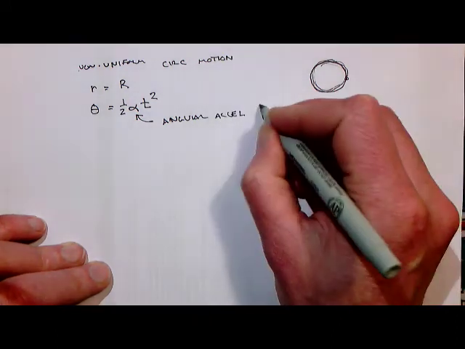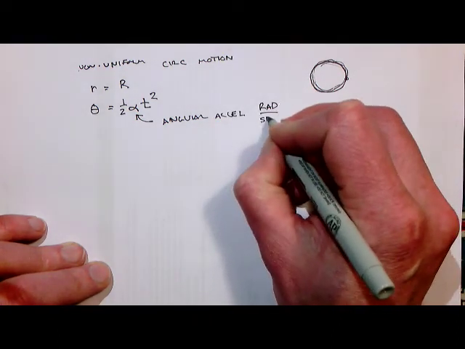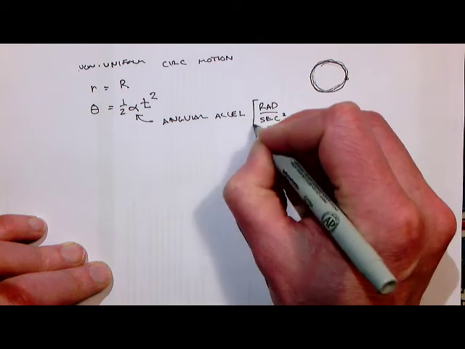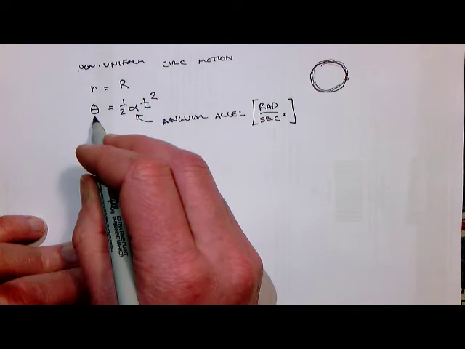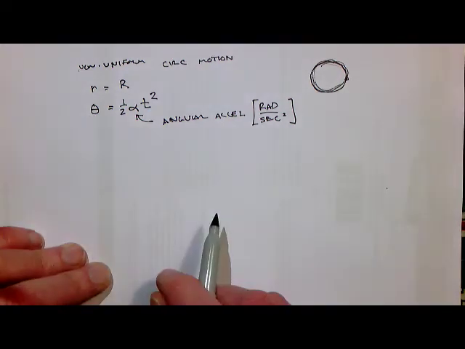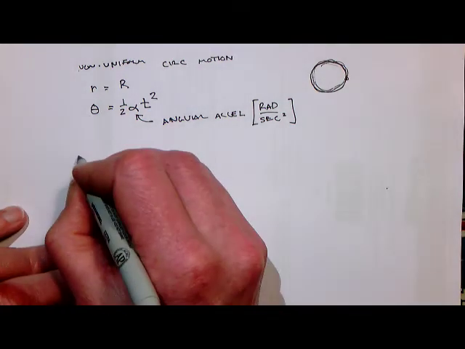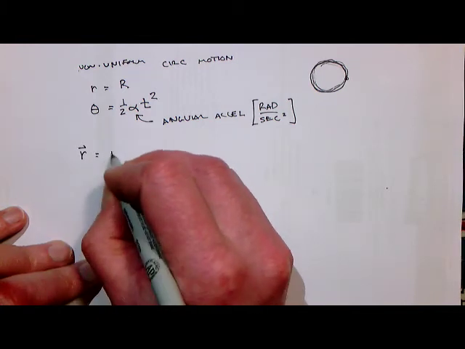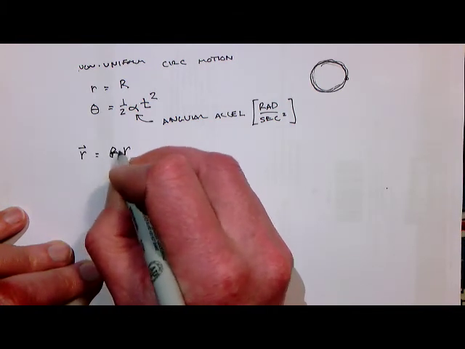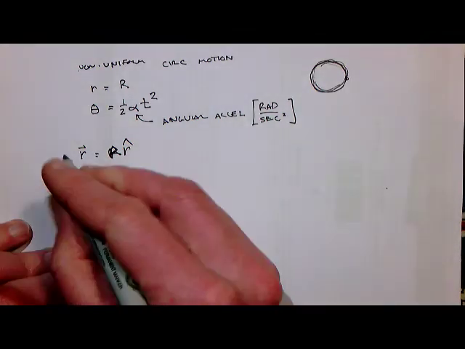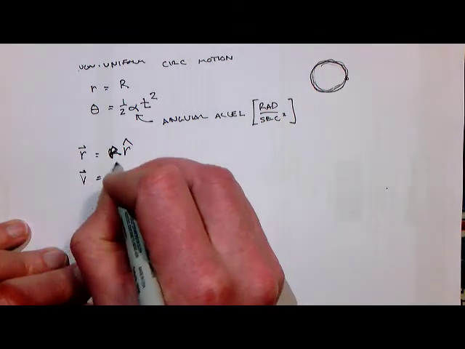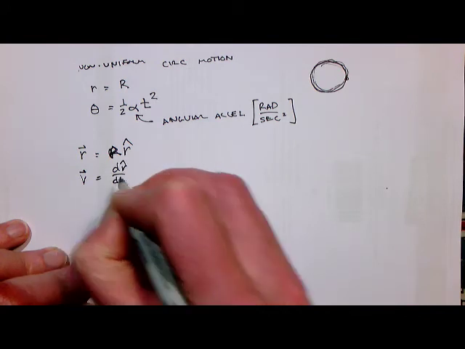It has units of radians per second squared. So this says that as time goes on, theta increases faster and faster and faster. Once again, my position vector is r times r hat, it's big R times r hat, because R is not changing. My velocity is dr hat by dt.